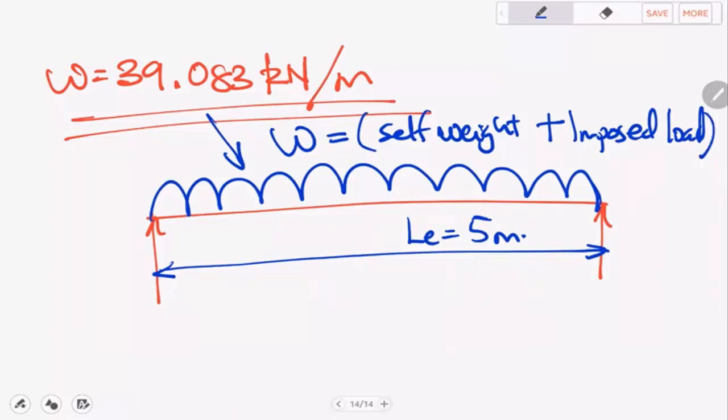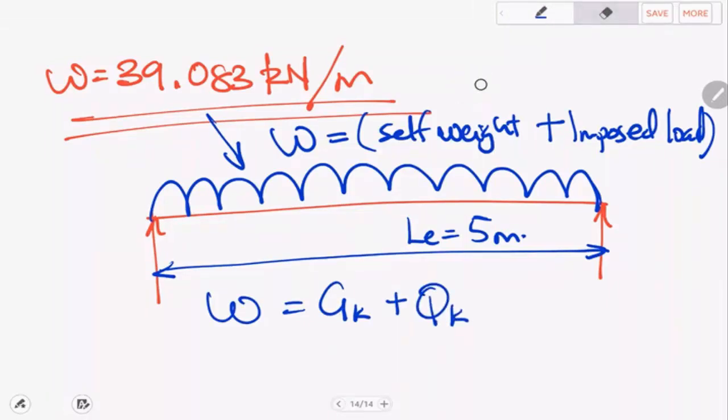So that omega is equal to G_k plus Q_k. This is G_k. This is Q_k. Making sense?